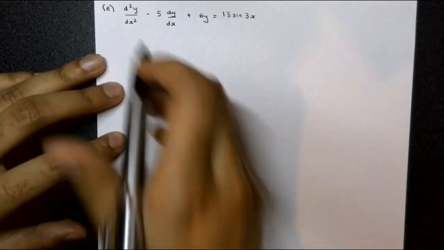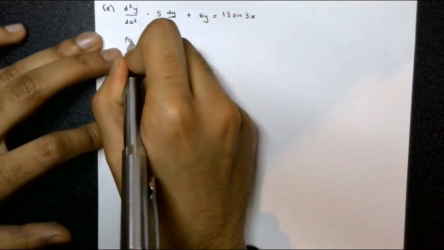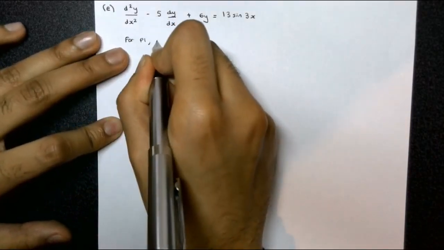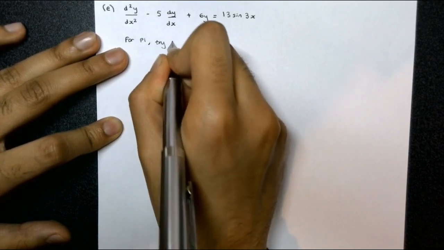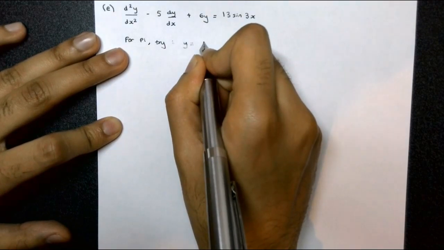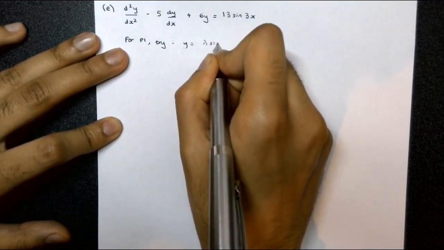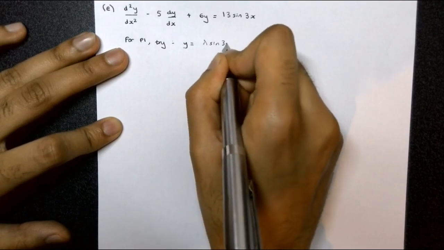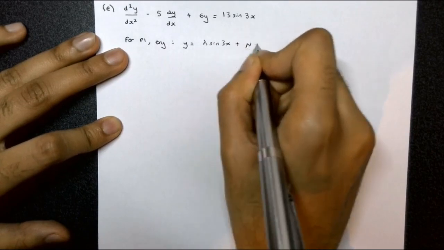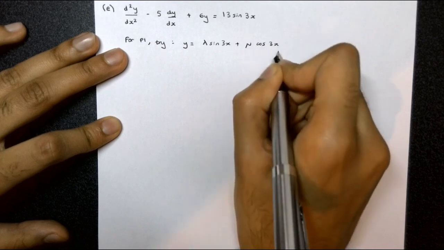So for the particular integral, we will try y equals lambda times by the sine of 3x plus mu times by the cosine of 3x.